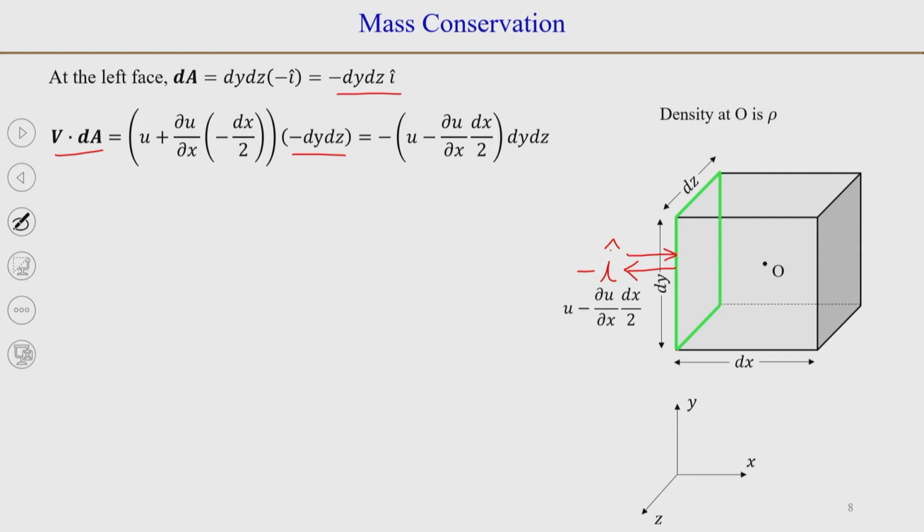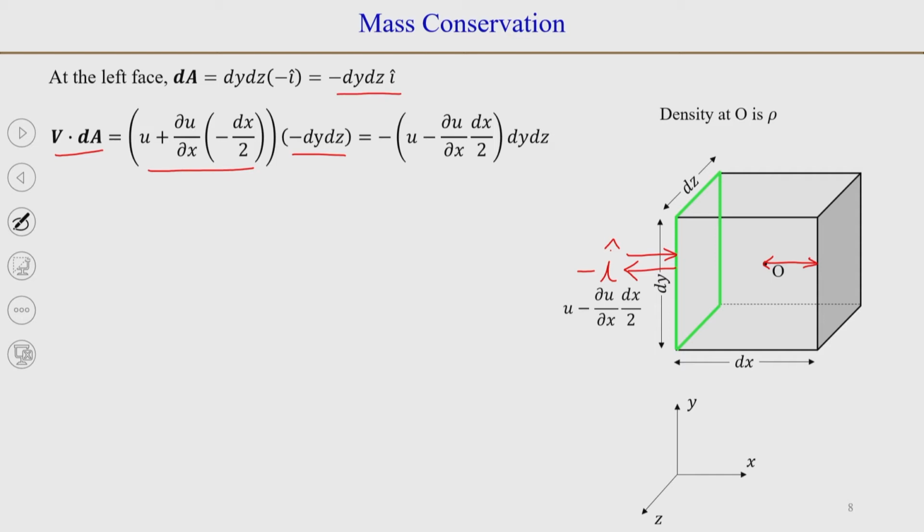So, we will have these two combined, and now the velocity is u plus dou u by dou x into minus dx by 2. Earlier it was at a plus dx by 2 distance, so the flow property u was u plus dou u by dou x dx by 2 on the right face.